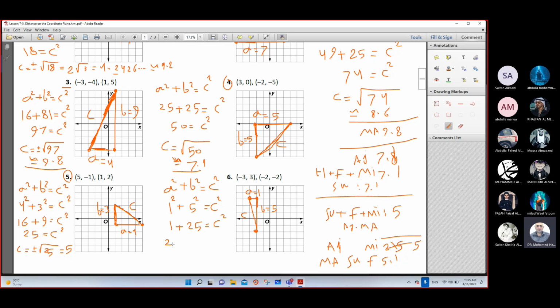So 1 plus 25 will be 26 equal C squared. So C equal the square root of 26. 5.09. It is 5.00991 etc., so it becomes 5.1 after the estimation.